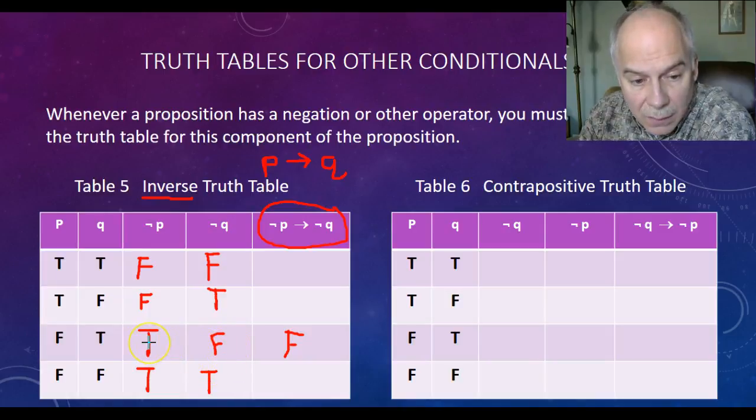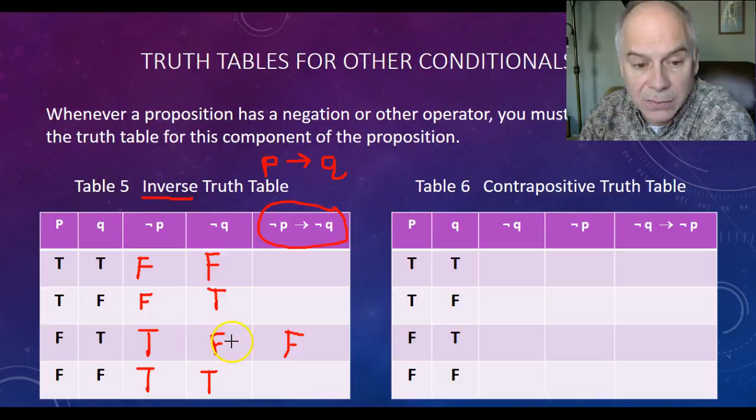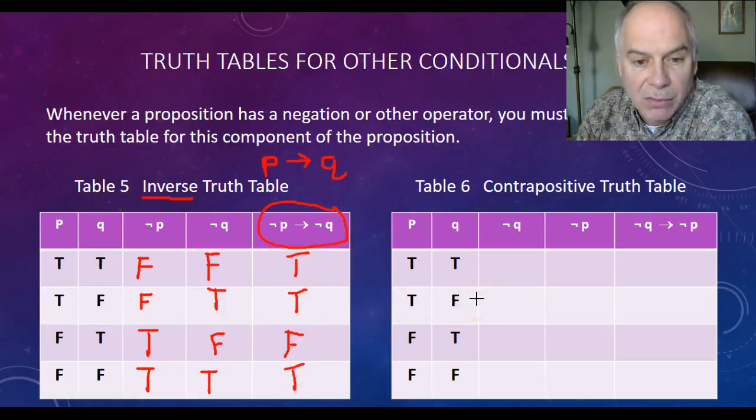But the if-then that we create from these negations is only false when it's true for the beginning statement, but false for the then statement. All the other times, it's true. So that's the completed truth table for the inverse statement.